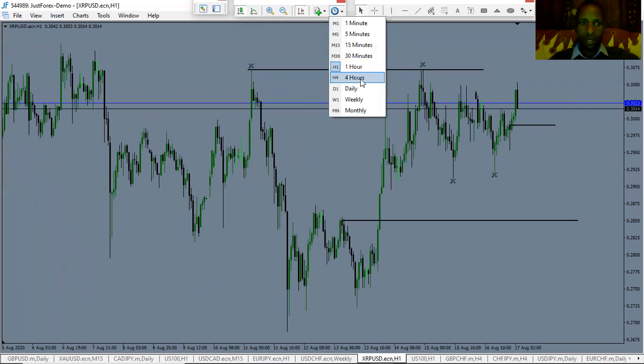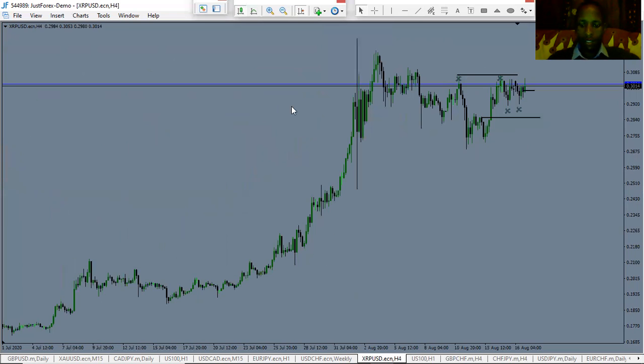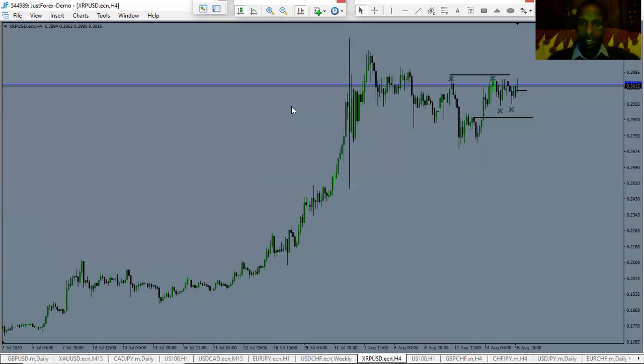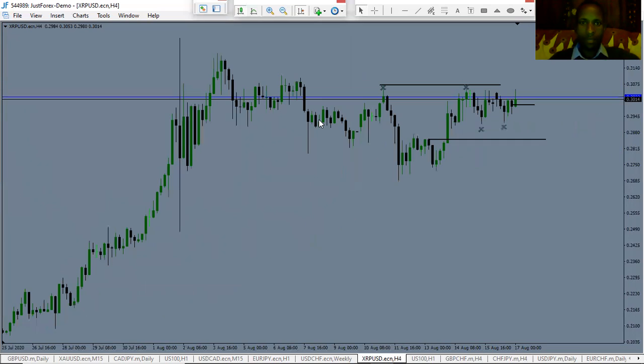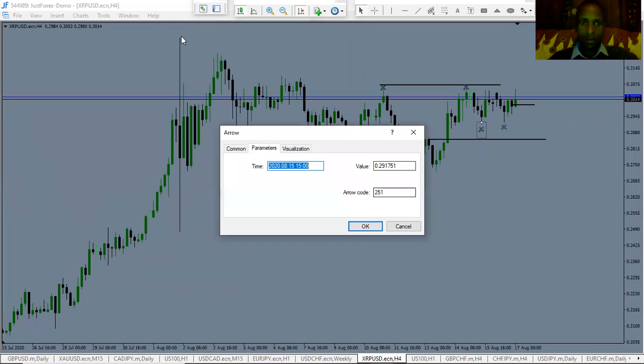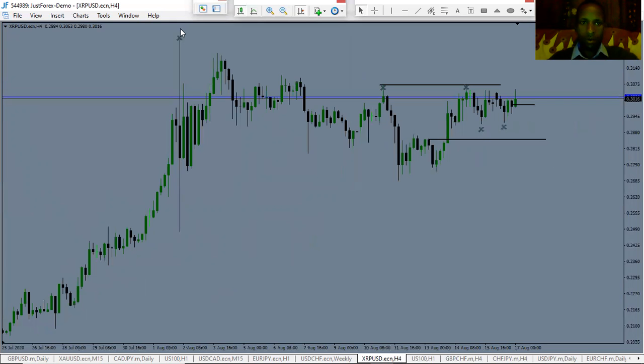Now what do you have to do? Let's just jump to a higher time frame so that you can see what's happening. What does XRP have for us? Then now we also have this problem that needs to be solved. Remember, each and every time when we are trading, you have to react according to the problem given.